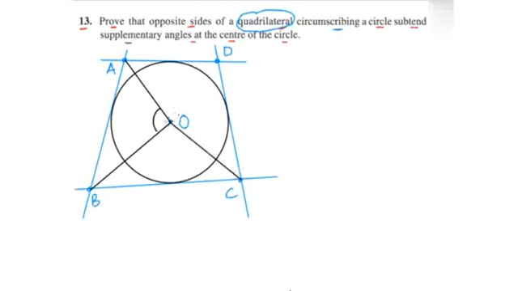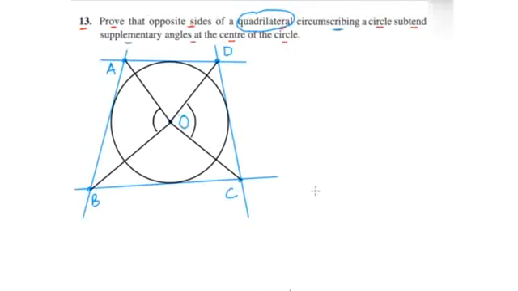So OC and OD, and CD therefore subtends this angle COD at the center. So we have to prove that these 2 angles are supplementary. In other words, we have to show that the sum of angle AOB and angle COD is equal to 180 degrees. So this is our problem.